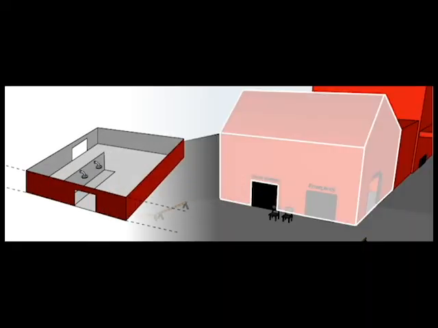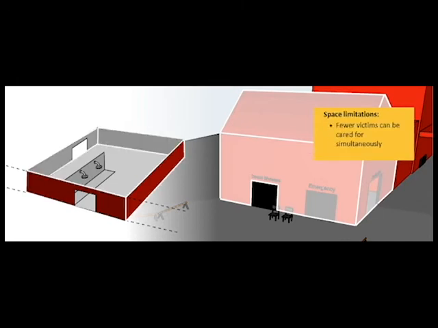Performing decontamination inside a fixed facility reduces adverse weather exposure and provides a means to enhance patient privacy. If used only for decontamination and not for storage, these rooms are quick to set up, preventing any unnecessary treatment delays. Because of inherent space limitations, fewer victims can be cared for simultaneously.